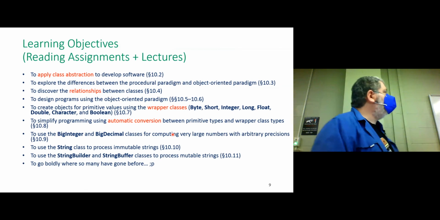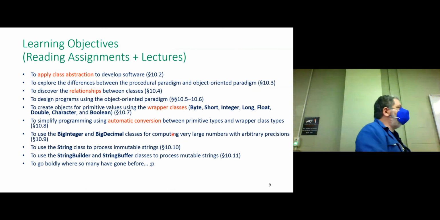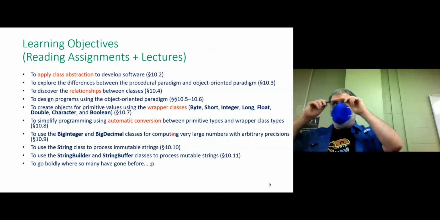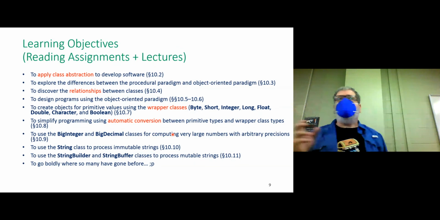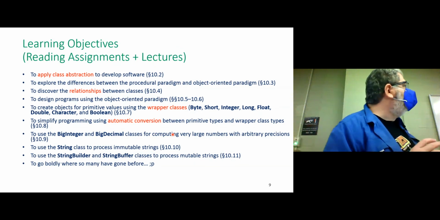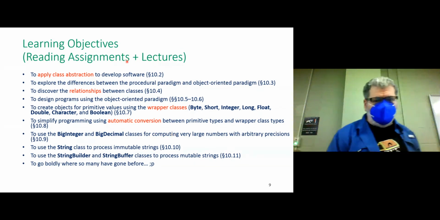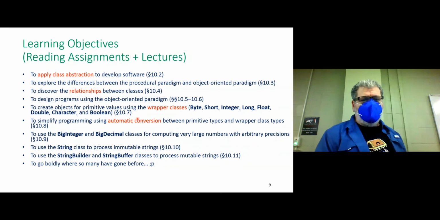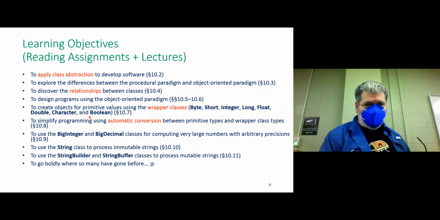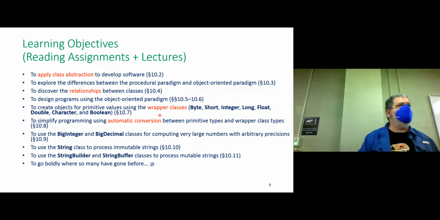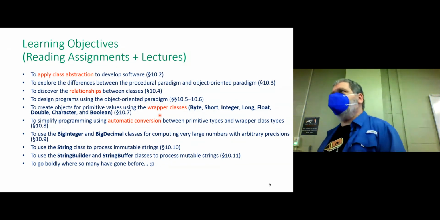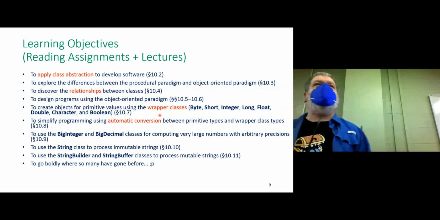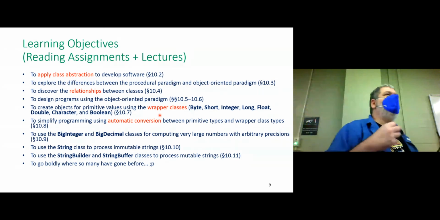So the details are here. As with every module, I try to give you the roadmap of the module from the textbook. So these are all the learning outcomes from the textbook. The first one's very conceptual. After a while, we get into things such as, for example, how do we do conversion between wrapper classes and primitive data types. So it's a little bit more technical, more of a detailed tool.